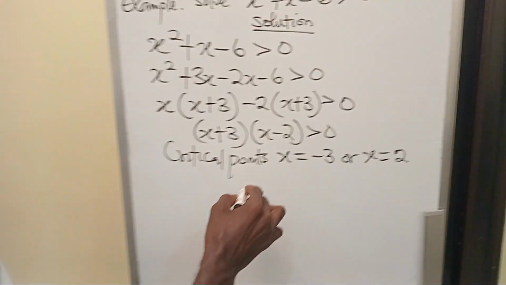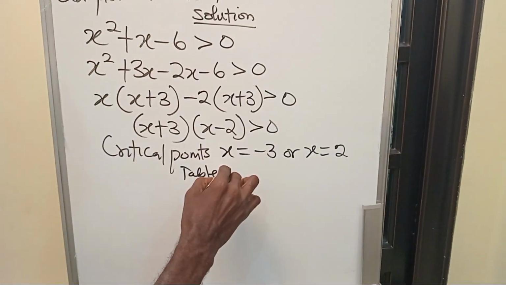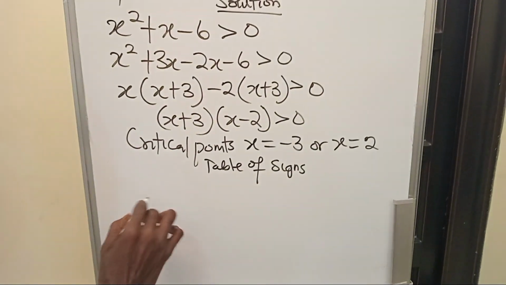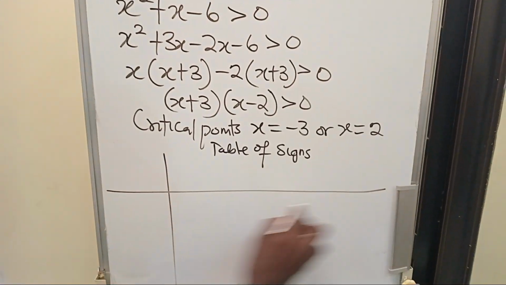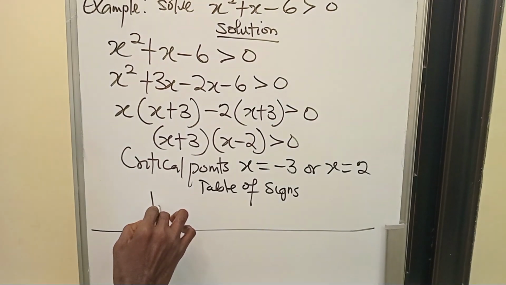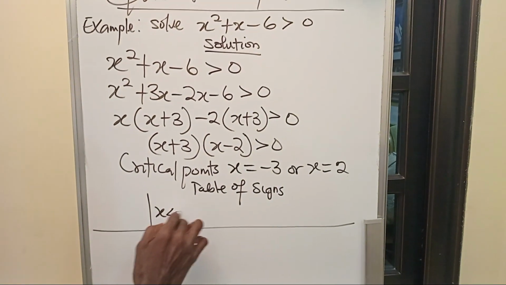So we'll now introduce what we call the table of signs to solve this problem. On this part, I will take x less than minus 3.